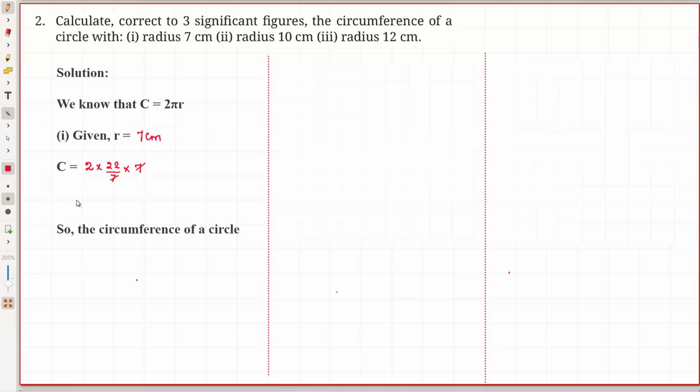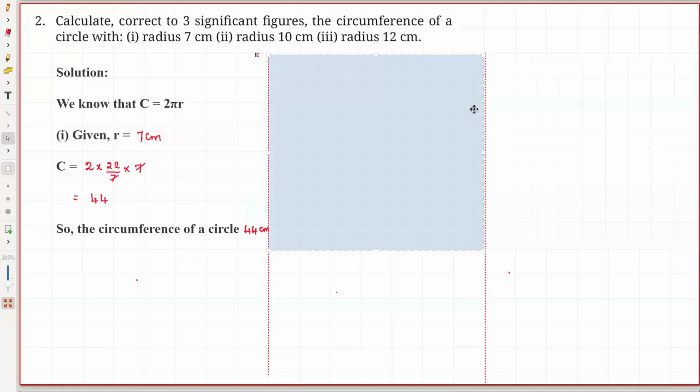So 2 into 22 is nothing but 44. So the circumference of the circle is 44 centimeter.